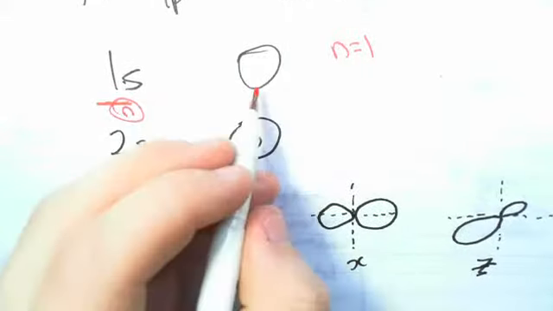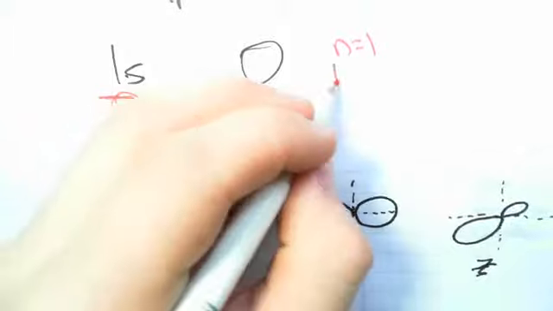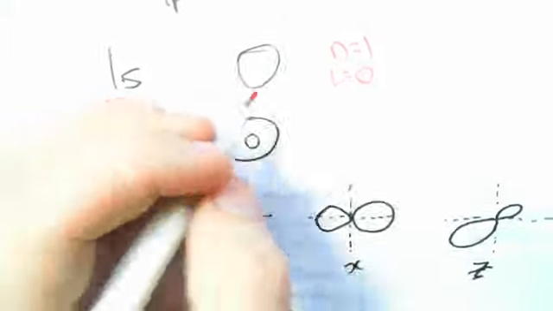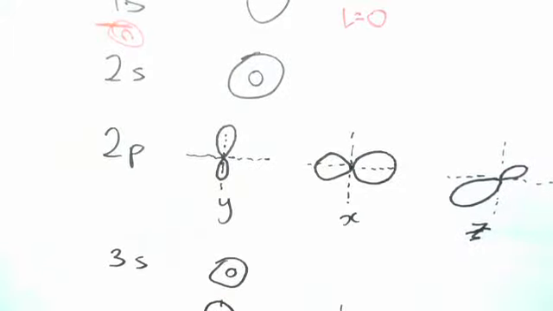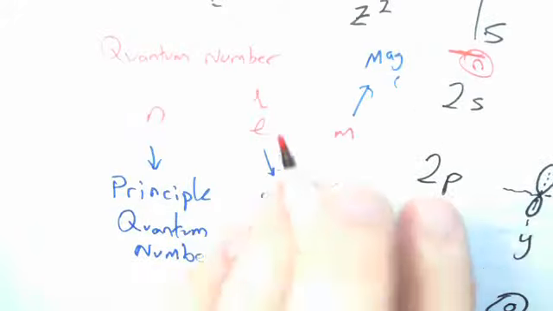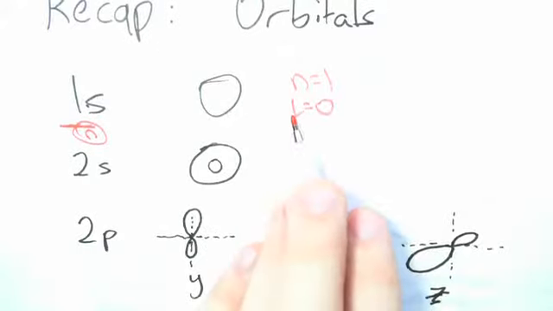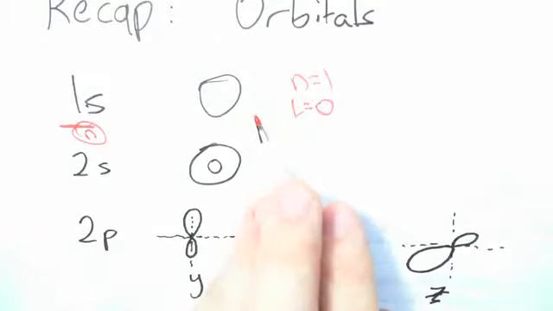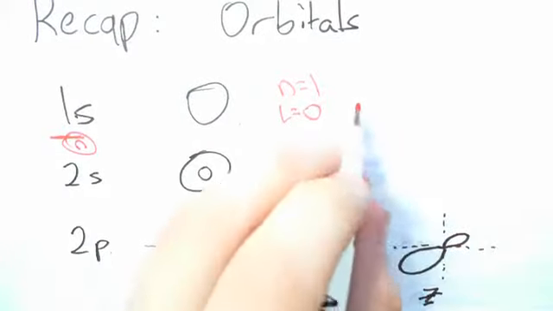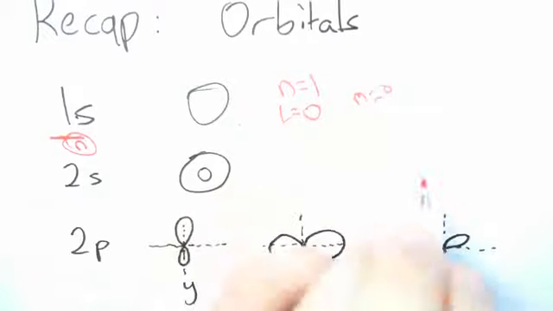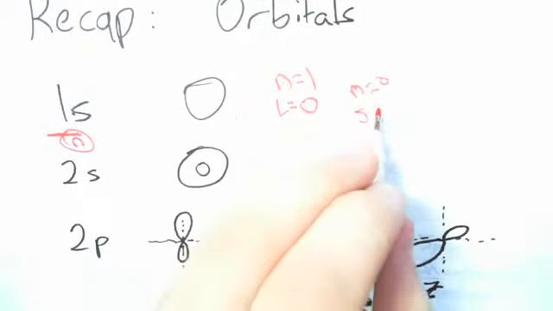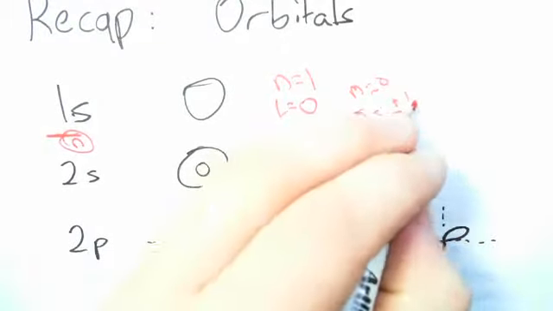So s orbitals are L equal to 0. P orbitals are L equal to 1. D orbitals are L equal to 2. So in this case L is equal to 0. In this case also M is equal to 0, and you'll see why in a second, and S is equal to plus or minus a half.